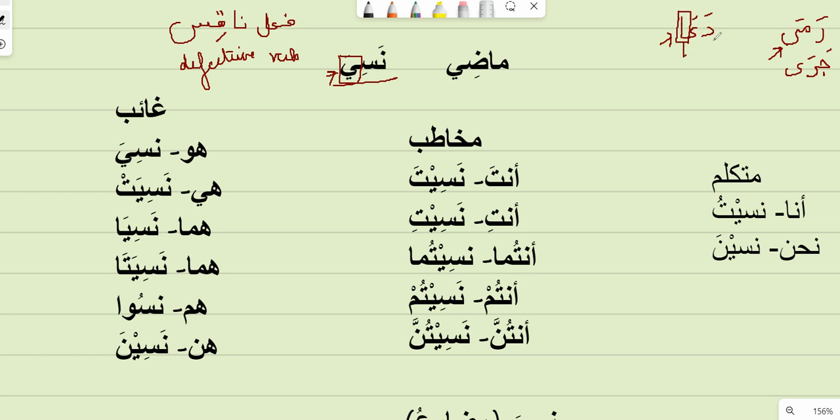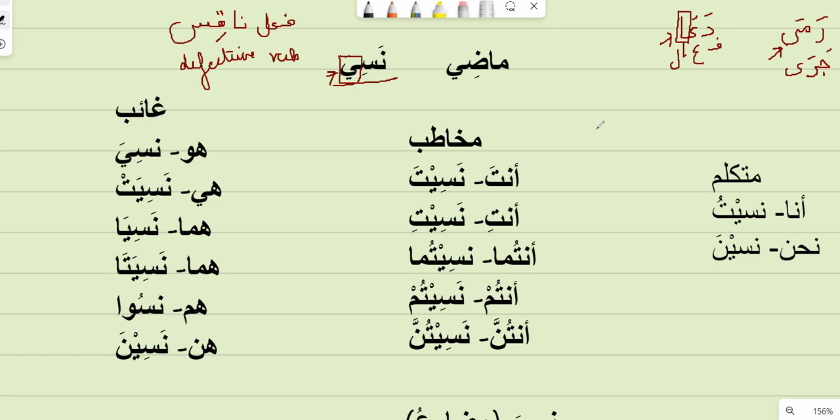And there is one more important point: where is the weak letter? A weak letter may be in the fa radical, a weak letter may be in the middle at the ain radical, but in this case the weak letter is in the laam radical. You will find in all these types of verbs the weak letter is in the laam radical.